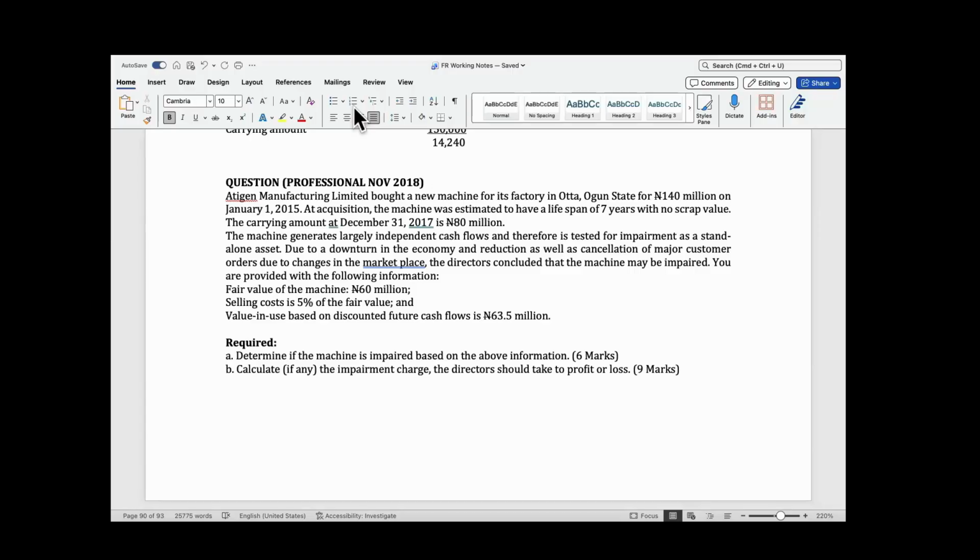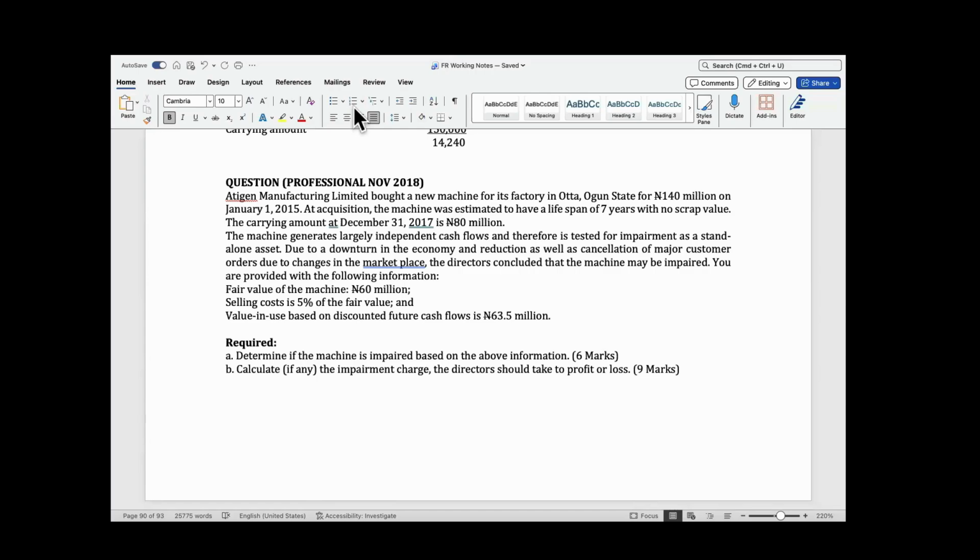Due to a downturn in the economy and cancellation of major customer orders due to changes in the marketplace, the directors concluded that the machine has been impaired. You are provided with the following information. Fair value of the machine is 60 million naira. Selling cost is 5% of the fair value, and value in use based on discounted future cash flow is 63.5 million naira.